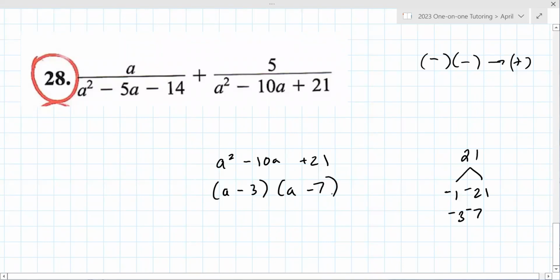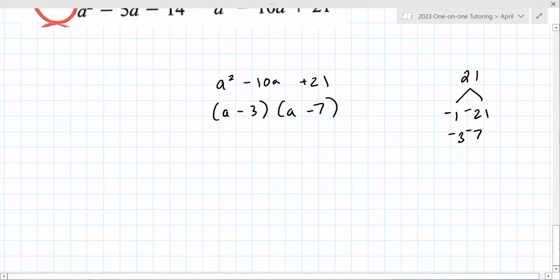Good, really good. All right, so we're going to look at the other one here. I'm just going to bring it down: a squared minus 5a minus 14. This time you're looking for two numbers that multiply to -14.